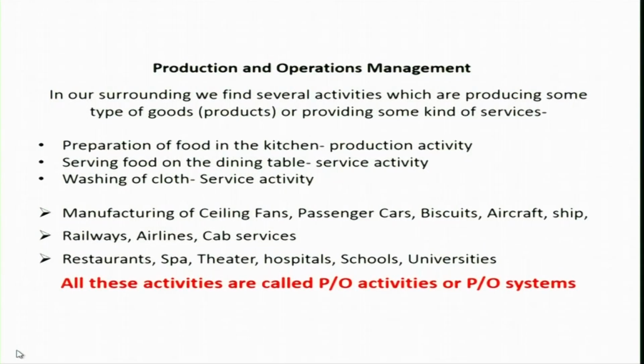Similarly, restaurants, spas, theatres, schools, universities are examples of service systems. So, all these activities which are happening in our surroundings, whether in our household, in our manufacturing environment, or in our society, civic activities, they are part of production and operations activities.